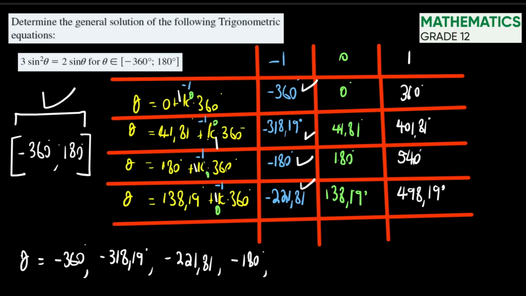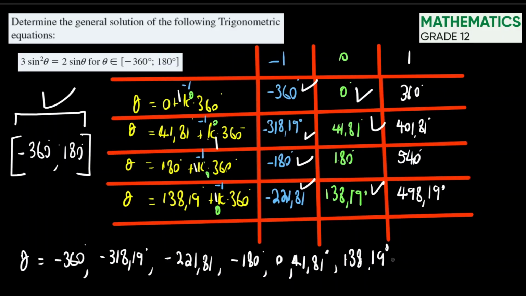And the next value is 0, because remember you're moving from negative to positive. It'll be 0, and the next value is 41.81 degrees, and the next value would be 138.19 degrees.